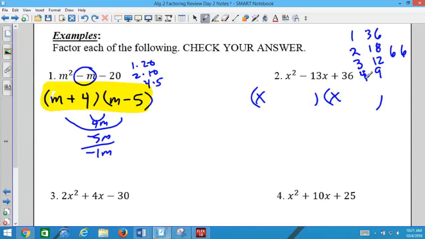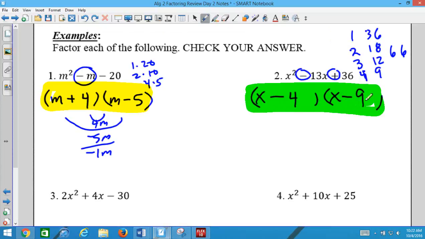Okay, so up here, this tells me same sign, and the middle tells me the signs are negative. And then how am I going to get minus 13? 4 and 9. So we have our answer.